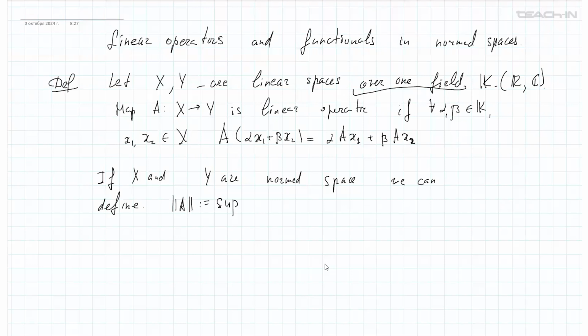This is the supremum of the ratio, and the supremum we take over all vectors from capital X which are not zero. Here I write three norms, but all these norms are different. This, for example, is the norm in the space Y. This is the norm in the space X, and this is the norm of the operator from space X to the space Y. Is it clear that this is a real norm? Yes, the norm of the operator.